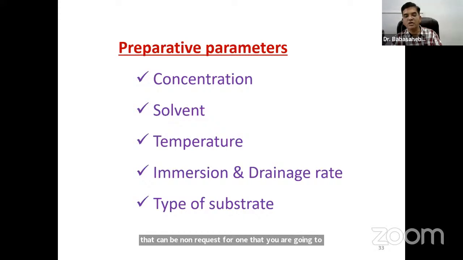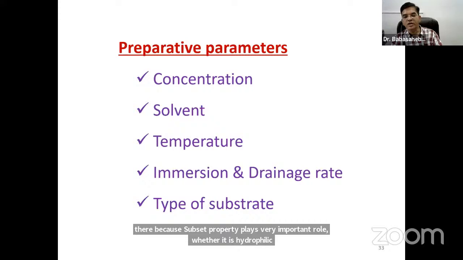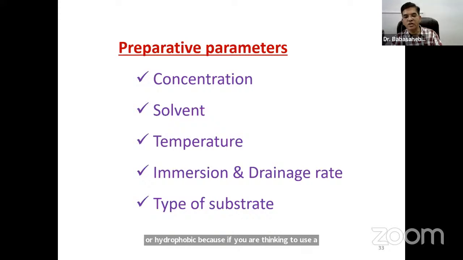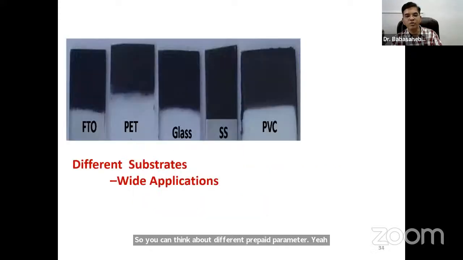Substrate property plays a very important role, whether it is hydrophilic or hydrophobic. Because if you are thinking to use aqueous solution and your substrate is hydrophobic, not hydrophilic, it is not possible to get deposition on the substrate surface. So you can think about different preparatory parameters whenever you are making the material in thin film form.